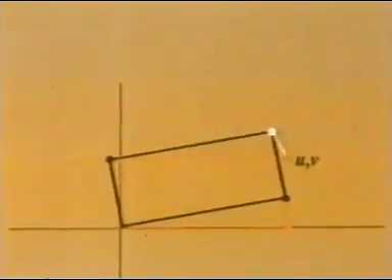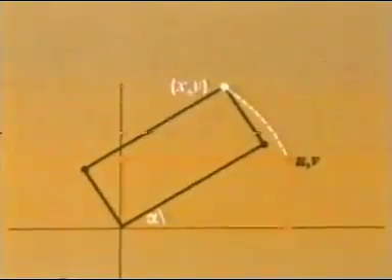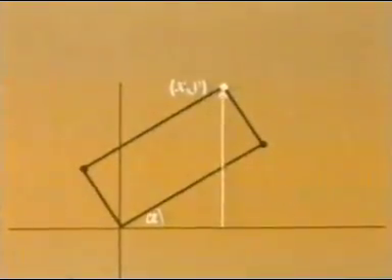Rotate u, v through alpha. It goes to x, y. What are x and y? Well, we'll start with y because it's easier. This vertical distance is y. We can't get it directly, but we can find it in two parts.